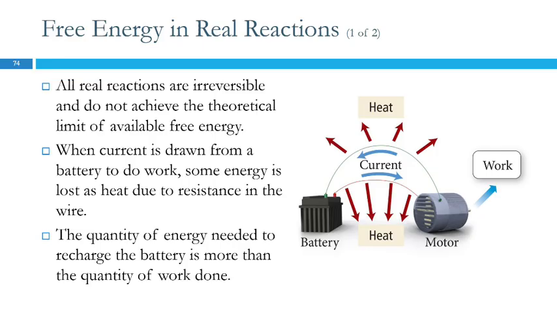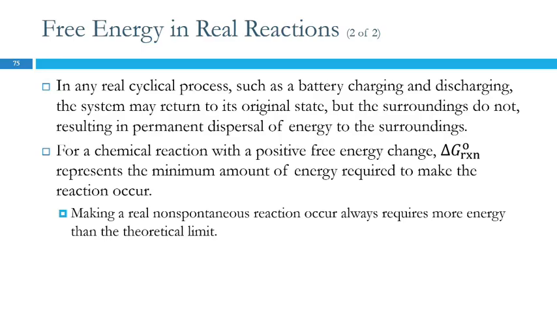And so that's why you can charge the battery and then do the thing, but it's going to take more energy than the work you got out of it to charge the battery. We've got a permanent dispersal of energy to the surroundings. Sometimes we refer to it as being lost. It's not lost in the sense of it disappeared or it's gone. It's still in the universe, but it's not useful to us anymore, right? So in that sense, it's lost.